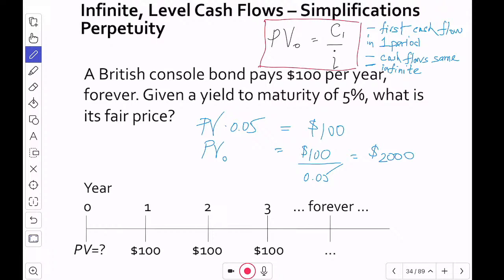So those are the conditions required for using this formula. First cash flow in 1 period, cash flows are the same, and cash flows are infinite, okay? Otherwise, this formula doesn't apply. You can use it, but you need to adapt it to suit your problem.